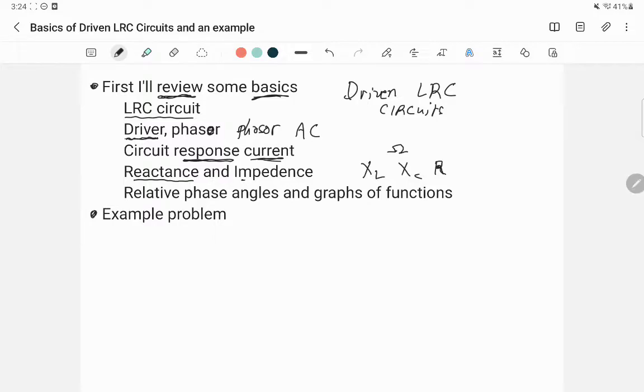Then there's another summarization of an LRC circuit's response to being driven, called the impedance, given the capital Z as its symbol.